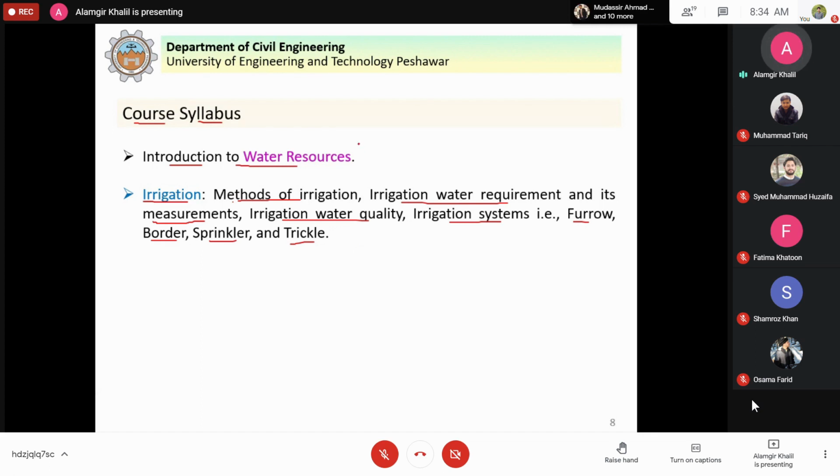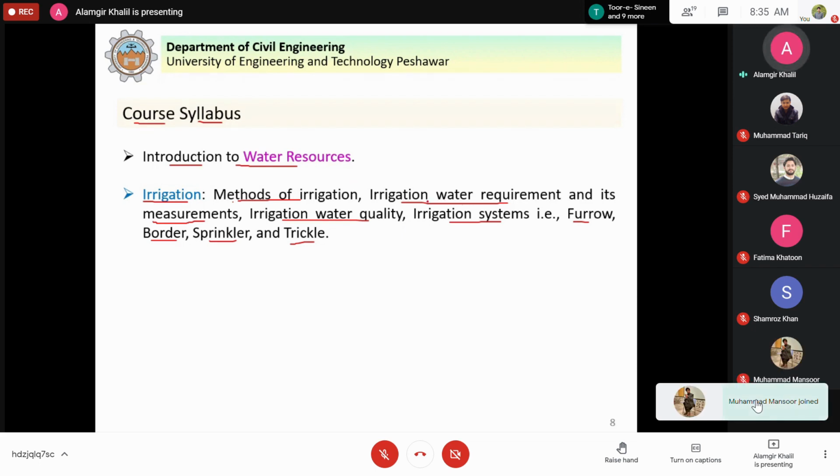So in the first part, we will study in general about the water resources and water resources availability in Pakistan. And then we will start with what is irrigation, and the different methods of irrigation we will briefly discuss. Similarly, we will be briefly discussing this irrigation water requirement.